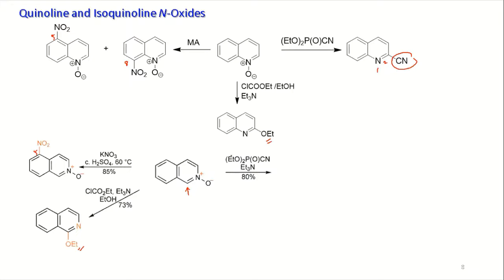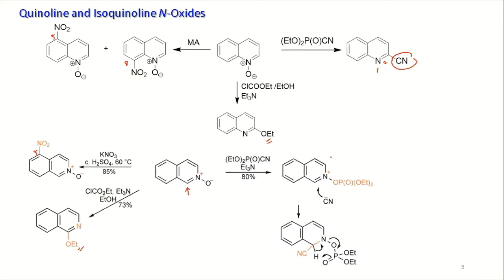And if you use diethoxyphosphoryl cyanide, let me tell you the mechanism. First the oxygen attacks the phosphorus, the cyano group comes out, and that cyanide attacks at the alpha position.